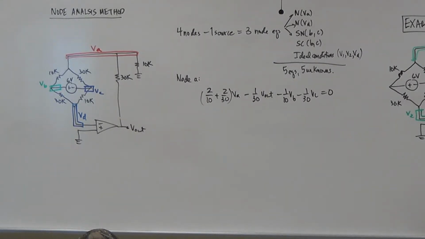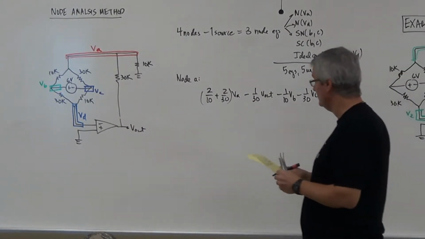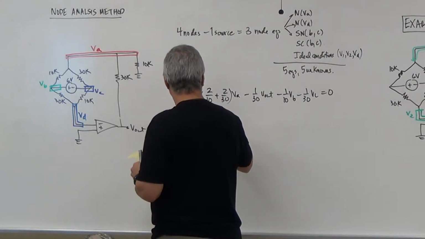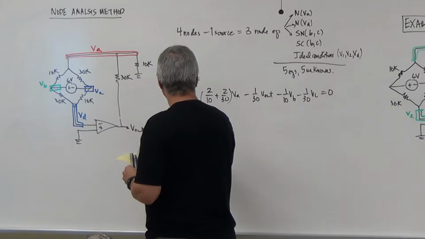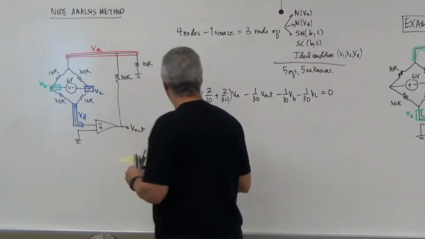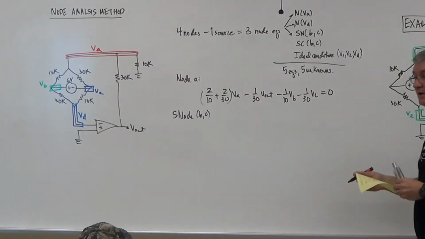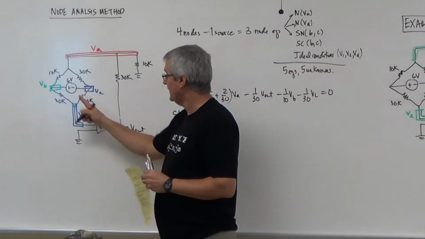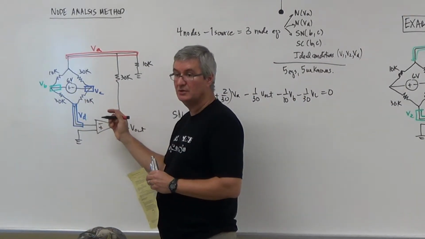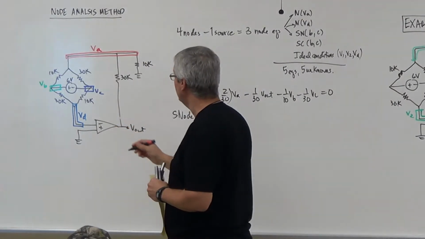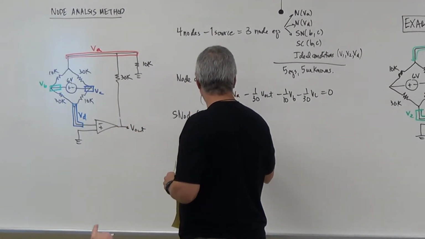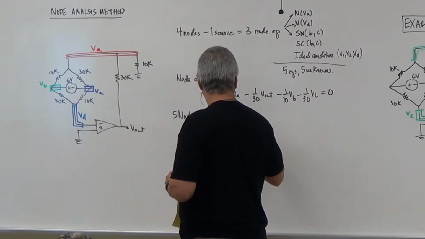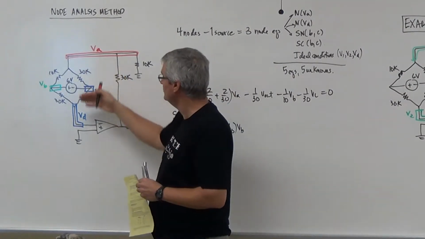Okay? So now the next node I'm going to go after is node BC. So I got to write the supernode. So if I write the supernode here, what you're finding here is that I got to combine these two nodes. So here I go. So for node B, you can see that I have 10 plus 30 VB. Then I got two mutuals.